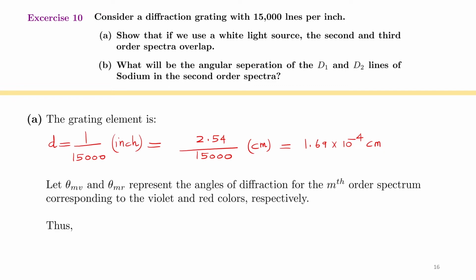Let us now assume theta mv and theta mr as the angles of diffraction for the mth order spectrum corresponding to the violet and red colors respectively. Thus, for the violet line, we have theta 2v equal to sine inverse of m lambda divided by d, and this is sine inverse of 2 multiplied by 4 times 10 raised to minus 5 over 1.69 times 10 raised to minus 4.